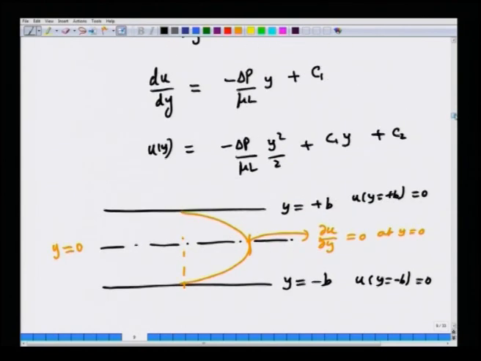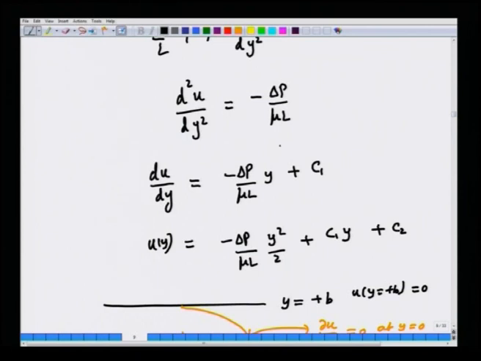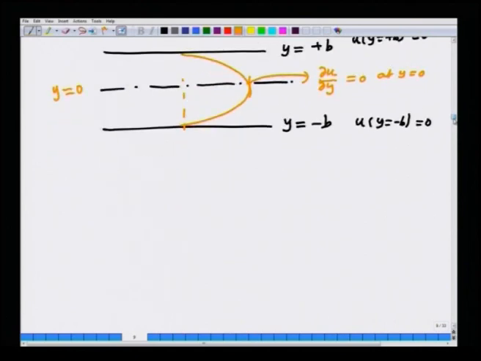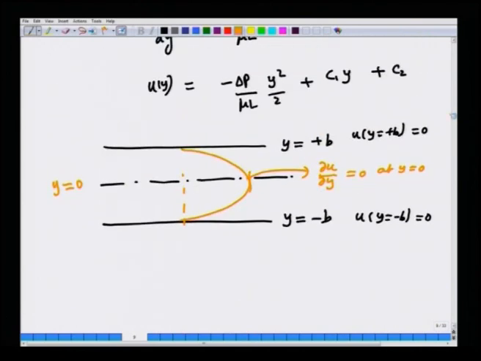Okay, we know what du dy is. Du dy is this. If I evaluate this at y equal to 0, du dy at y equal to 0 is 0. This implies that at y equal to 0, this term becomes 0. This gives you the simple condition that C1 is 0. Okay, the symmetry condition straight away gives you that C1 is 0. So, C1 is not there.